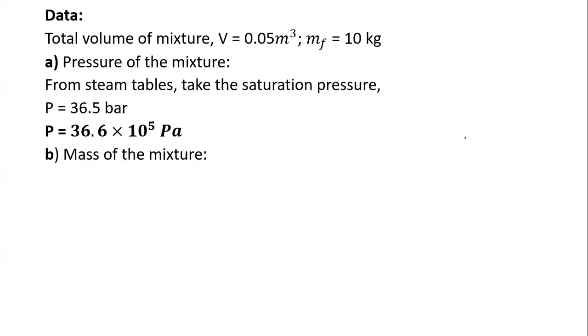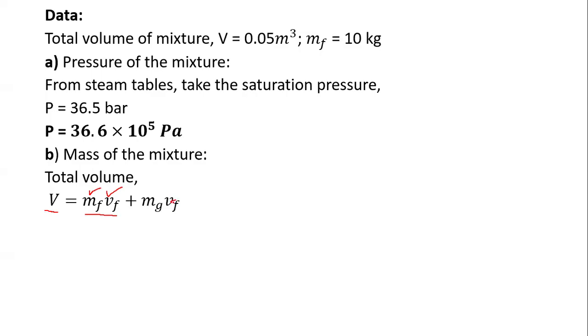Mass of the mixture. For the mass, we go to total volume first of all. The volume we've been given is 0.05. One thing you realize is that when you multiply the mass by the specific volume, you get the volume of the liquid part, because the mass will cancel out.